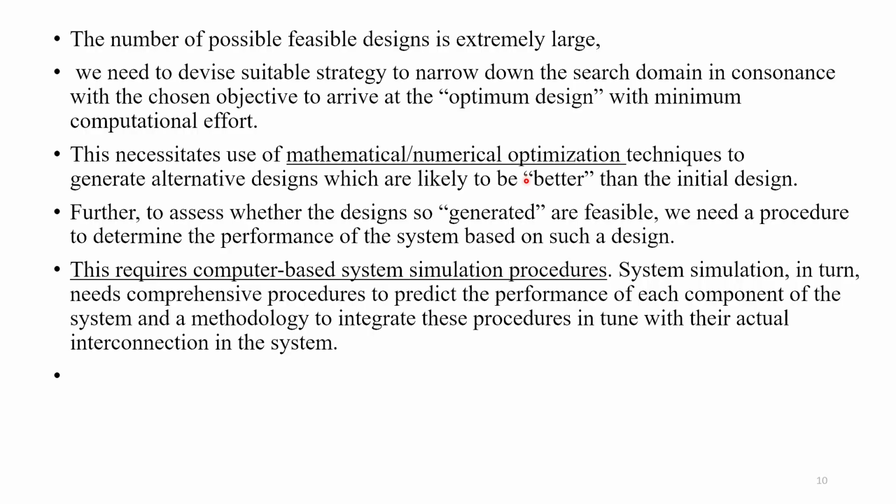Okay? And then those simulations can be utilized to predict the performance of each component of the system. And then a system has multiple components, and you put the performance of each individual component together to get the total system performance. Okay, and then that helps in the whole optimization process.